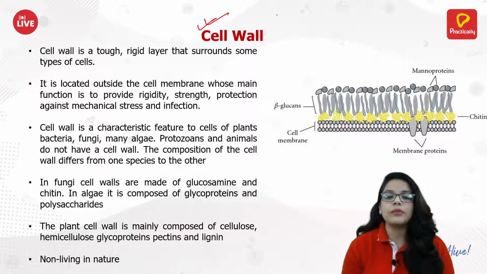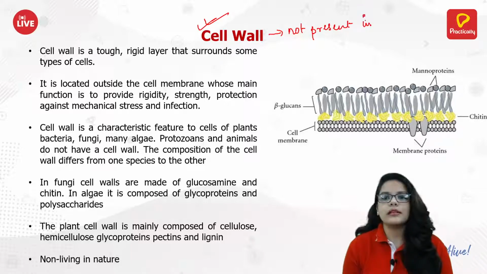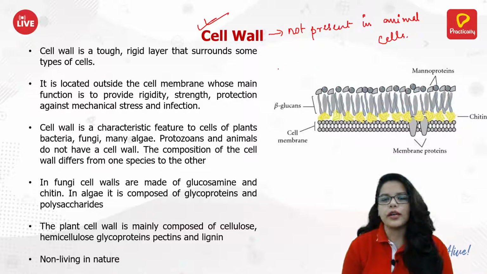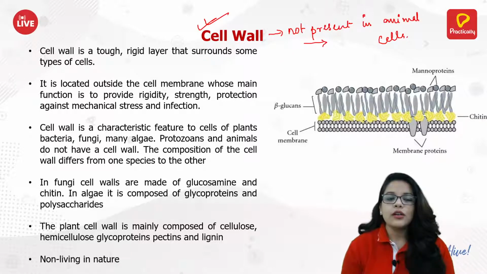Now, be very sure that the cell wall is not present in animal cells. They are present in plant cells, fungi, and algae, but not in animal cells. So what is it?